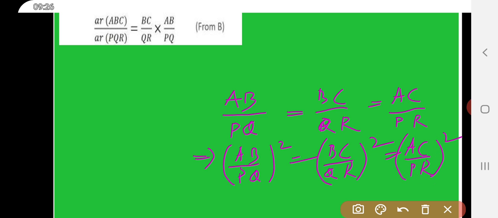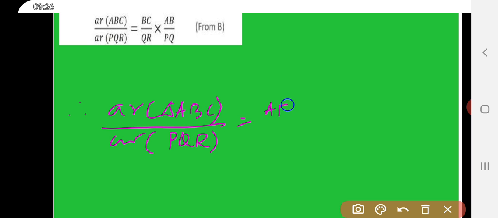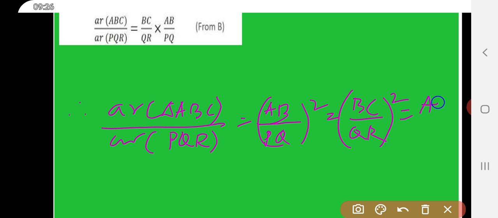So area of triangle ABC by area of triangle PQR is equal to AB by PQ whole square, is equal to BC by QR whole square, is equal to AC by PR whole square. Understood?